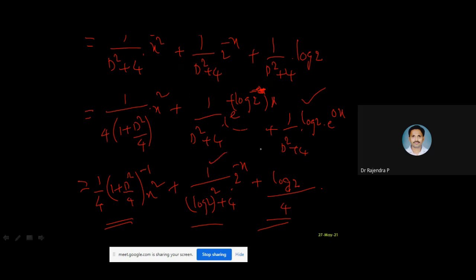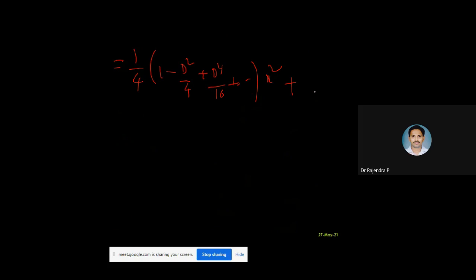I told you carry as it is. I'm just writing those. Pi2 is there here, Pi3 is there. Another two parts are there. Those two parts you carry as it is. So this you want to expand. Anyway, it is higher order, need not consider. And 1 by 4, 1 into x square.